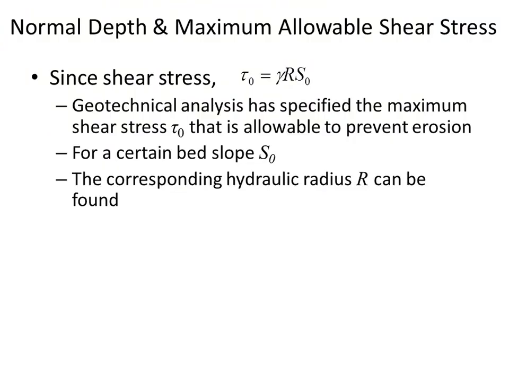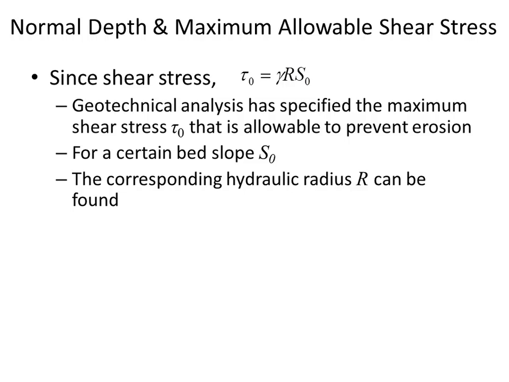And one can relate the shear stress to maximum velocities that should be allowed. And you can do a geotechnical analysis of a soil or other material to find the maximum allowable shear stress, and that will correspond for a certain slope that the channel is going to be laid out on. What you'd end up finding is a hydraulic radius, and it's just not a physical parameter that's meaningful at all, but it's a representation of the ratio of the shear stress to the slope.